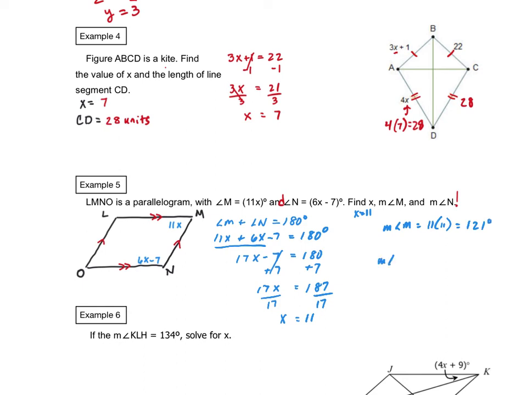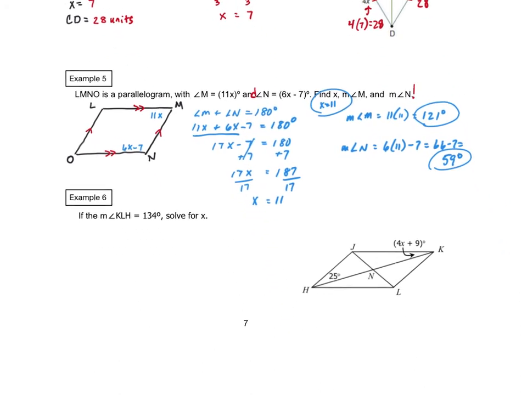And then the measurement of angle N is equal to 6 times 11 minus 7, which is 66 minus 7, or 59 degrees. So there's angle N, angle M, and x. We were able to identify that and come up with a solution using our parallelogram, and for me it just helps to draw an image.